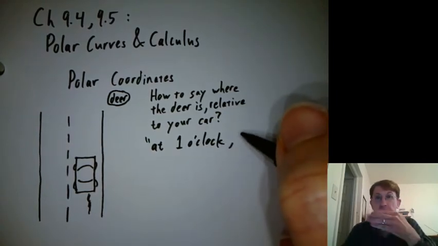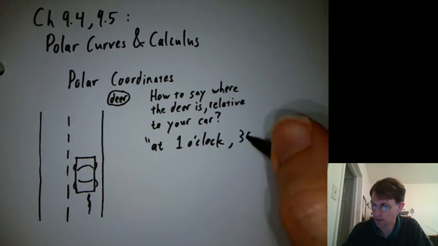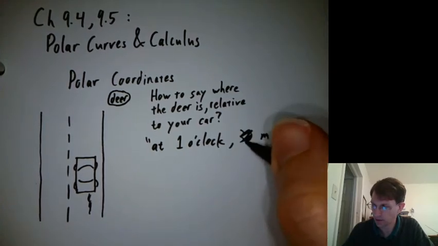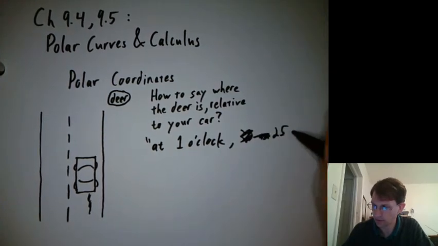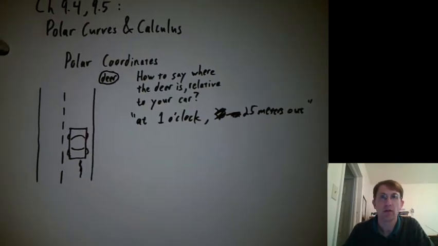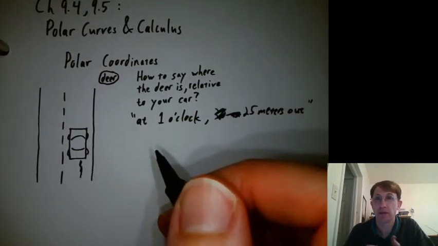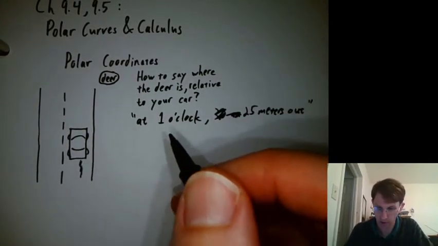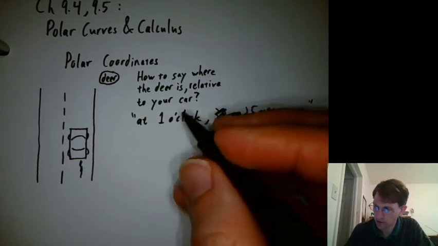And you might say how far away it is, like 30 meters out. Let's say 25 meters out. So using that, would the driver know basically where it is? I would hope so.